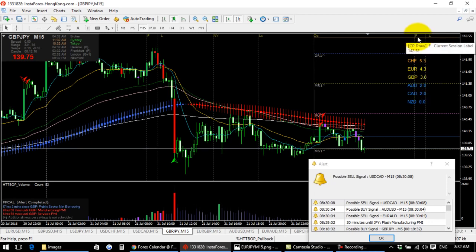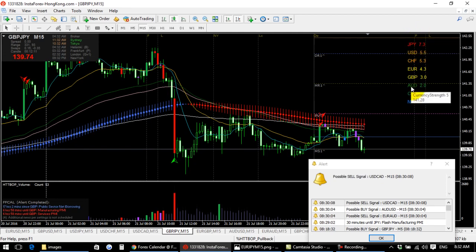Now remember, we're only trading pullbacks, and I'll explain that in the next video. Ideally we would like to see a weaker currency by at least 2 points. Then we know we've got a weaker currency trading against a stronger currency. These change all the time, so something just to keep an eye on there.